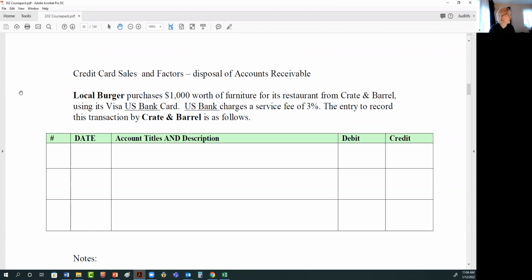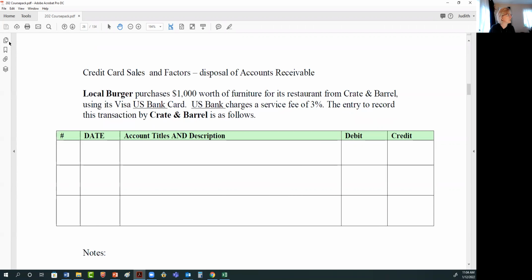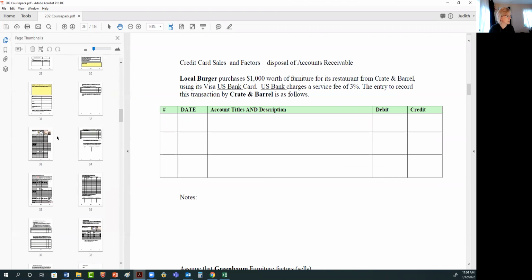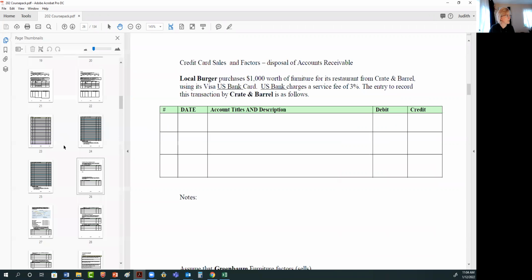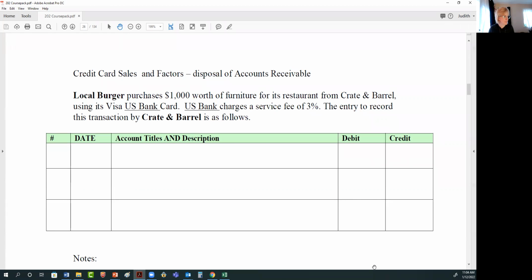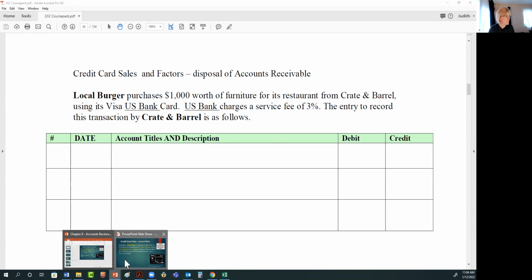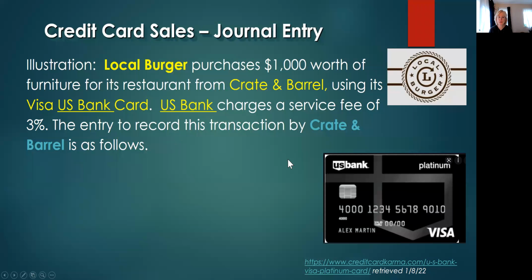Okay, so we are on page what? 26 in your course pack. All right, so we're gonna log this journal entry on page 26.